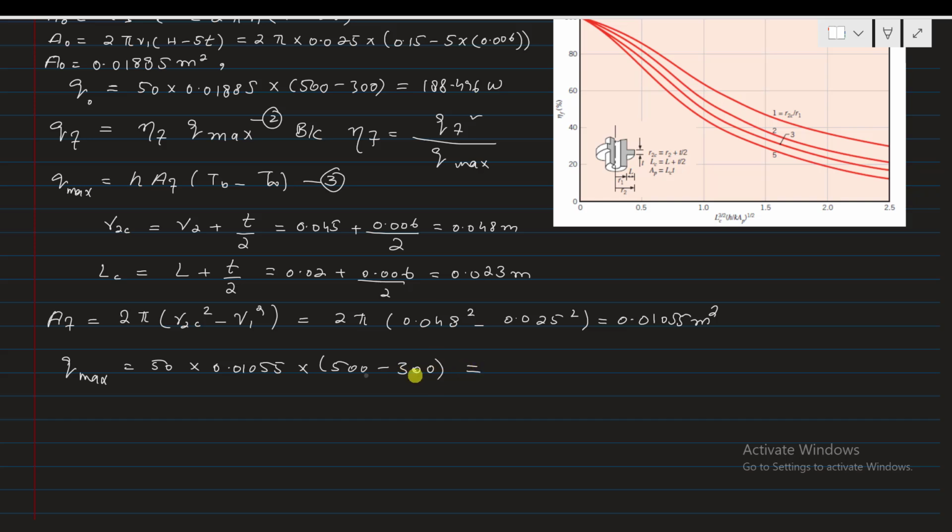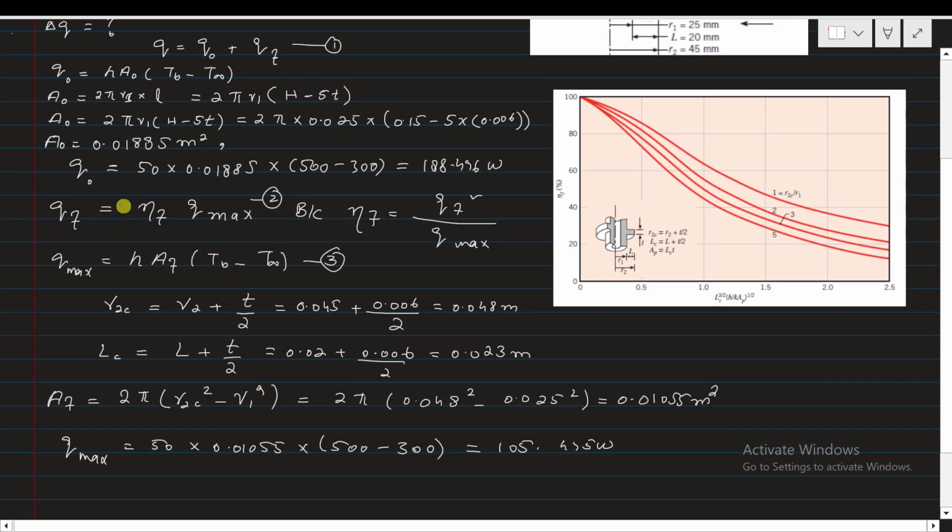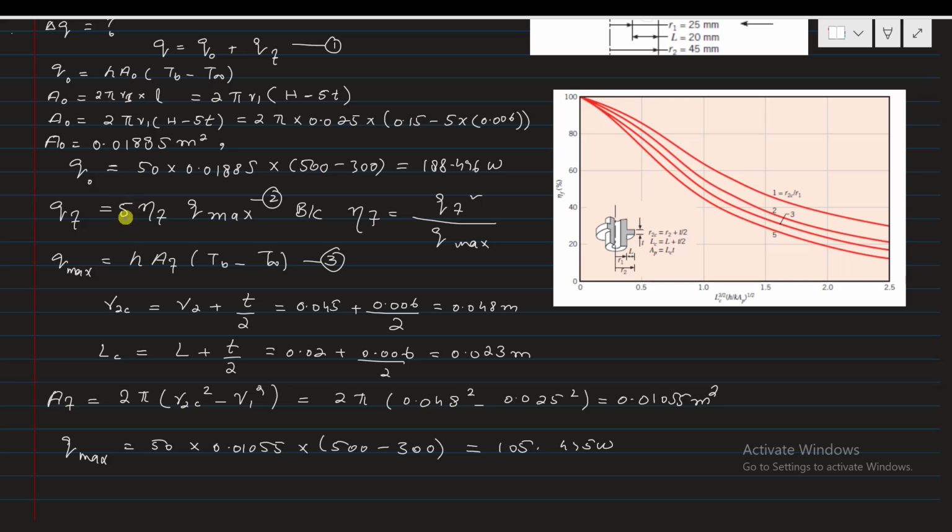So after simplification you will get the maximum heat transfer by the fin, that is the heat transfer by one fin from the engine cylinder. So we have 5 fins, so we will multiply this with 5, and also the efficiency of the fins. So here we will write multiply with 5 because these are 5 in number. If you look at this equation number 2, we calculated the Q max.